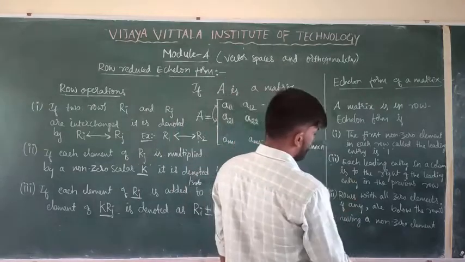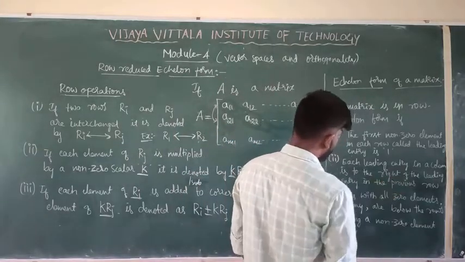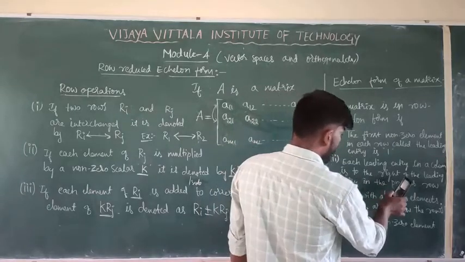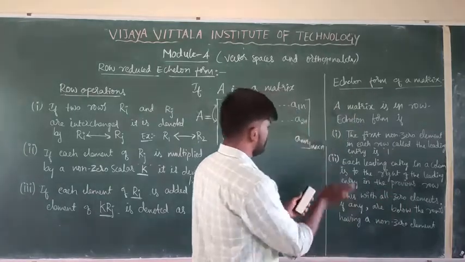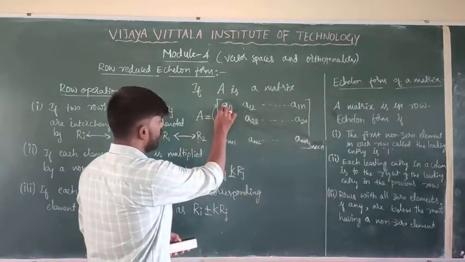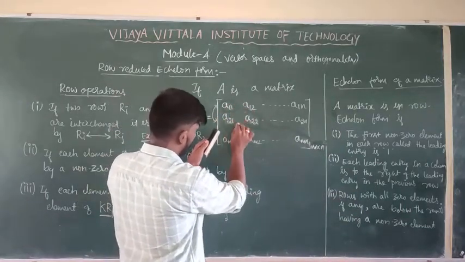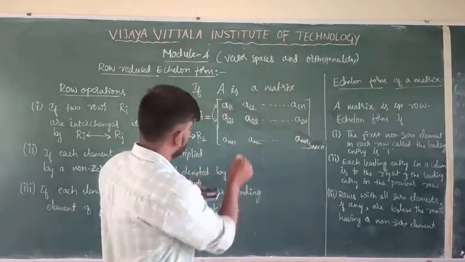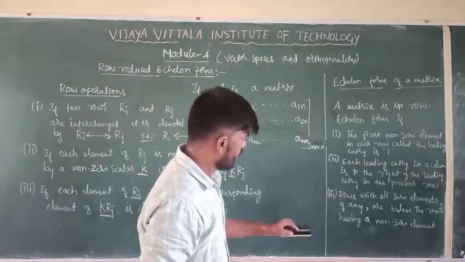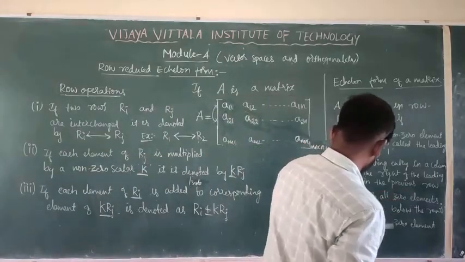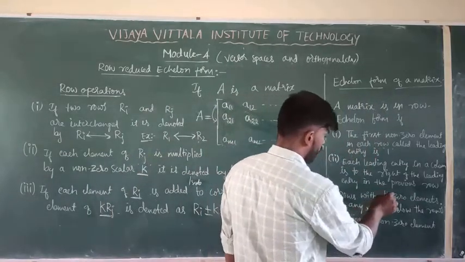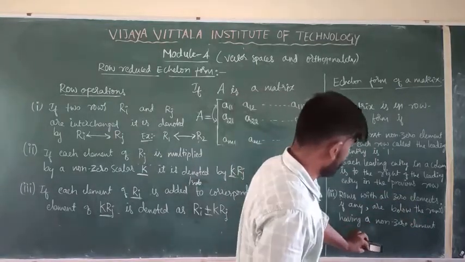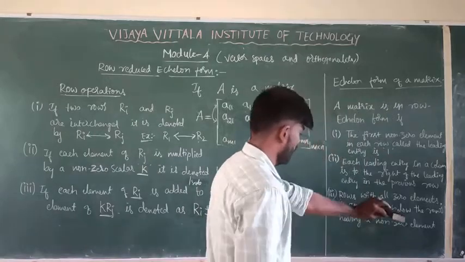Second, each leading entry in a column is to the right of the leading entry in the previous row. If this is the leading entry, then in the next row the leading entry is further right, and below it becomes 0. Third, rows with all 0 elements, if any, are below the rows having non-zero elements.